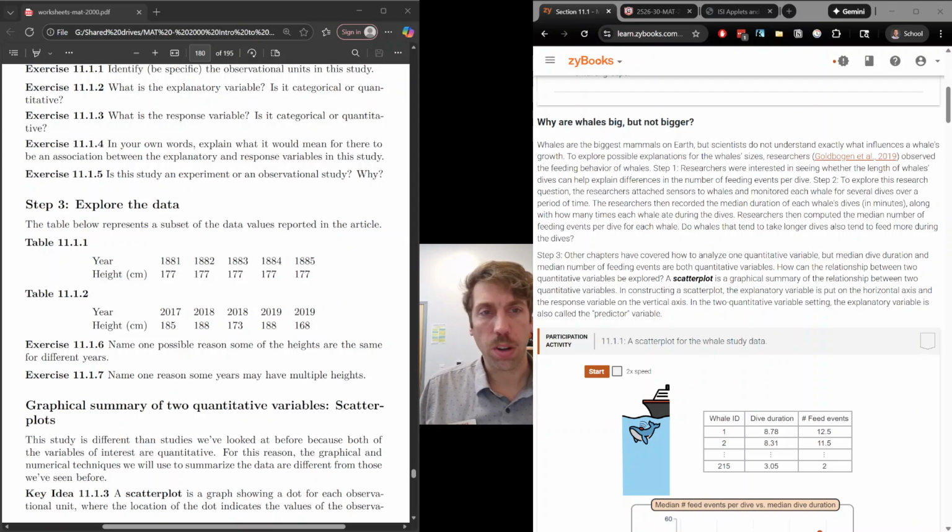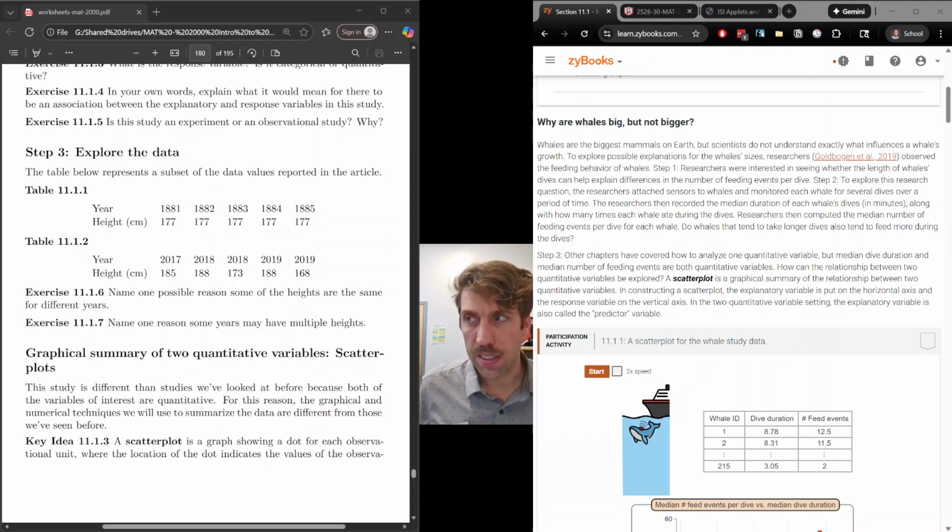Now we start with just looking at a little bit of the data. Here are some of the first years of the data and then some of the most recent years of the data when it was collected. So for number 6, use your common sense and knowledge of the world to name one possible reason some of the heights are the same for different years.